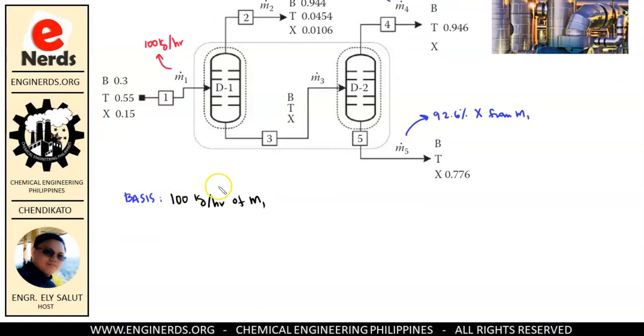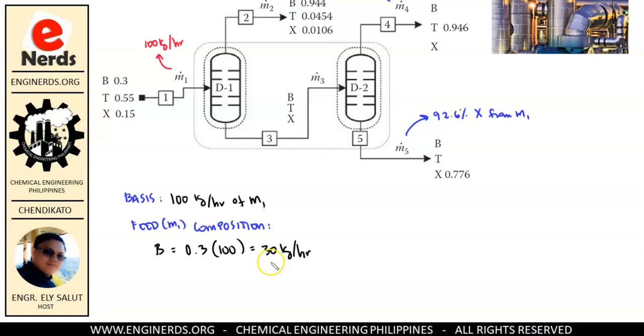So, let us write that here. Our feed or M1 composition. Our benzene is equal to 0.3 times 100, which is equal to 30 kilograms per hour.